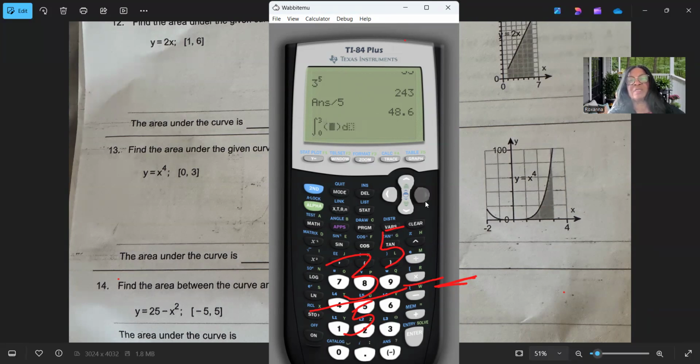And what is the function: x to the power 4, so x caret 4. The variable of integration is x. Make sure you enter everything correctly, and let me hit enter.